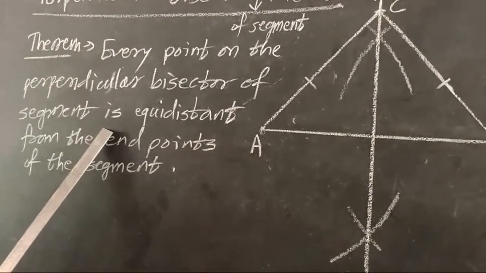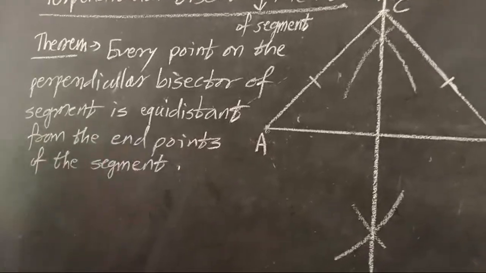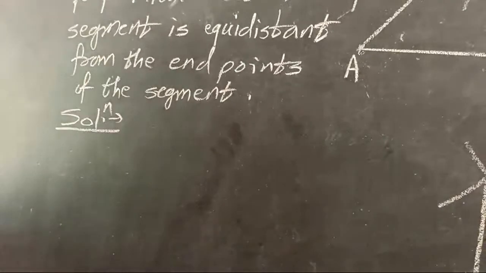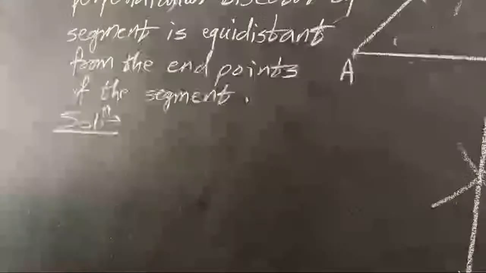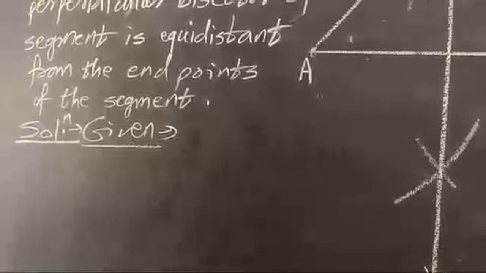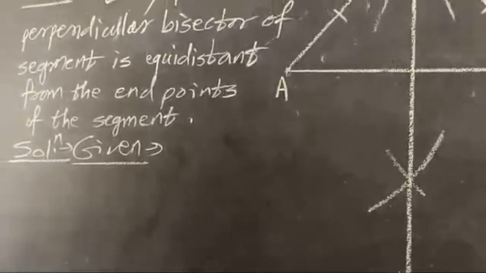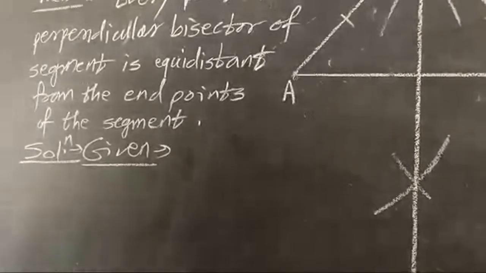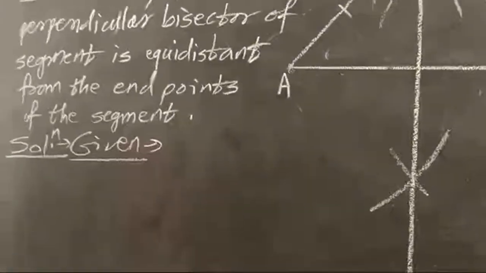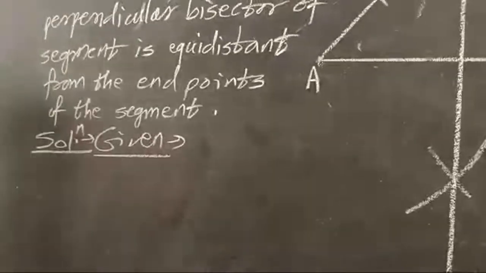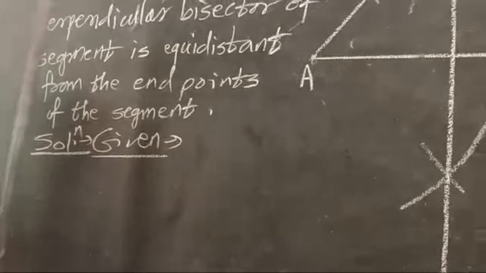Is there any difficulty in the solution? What is the first part? Correct. The first part is given. Another word for given is antecedent. The antecedent definition is the sentence that follows if and then.